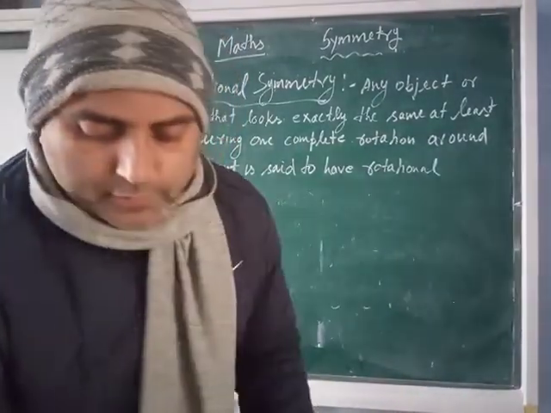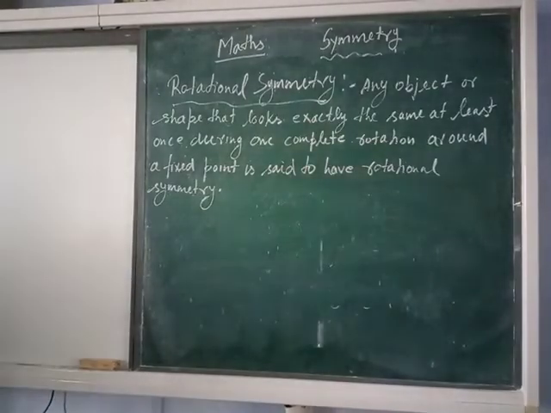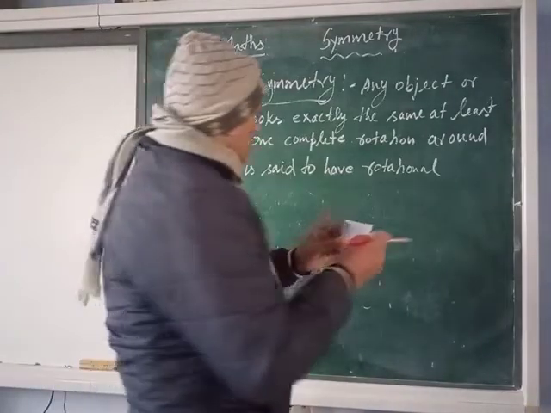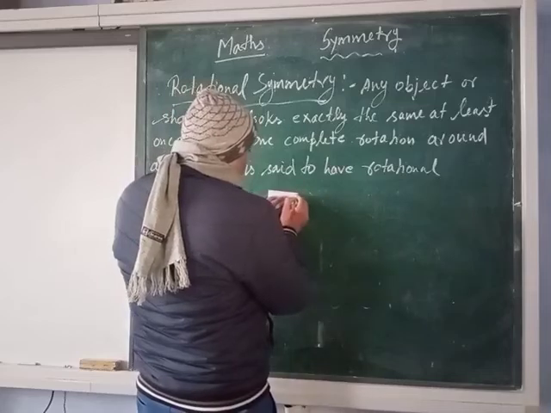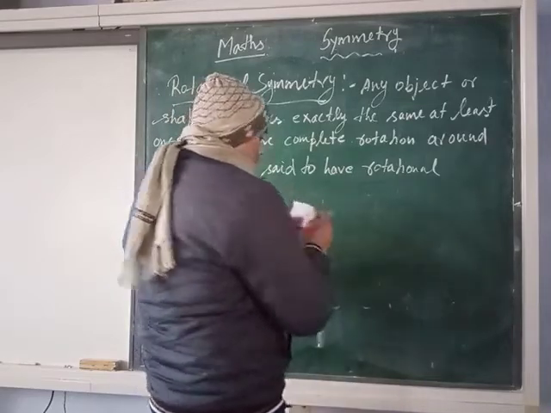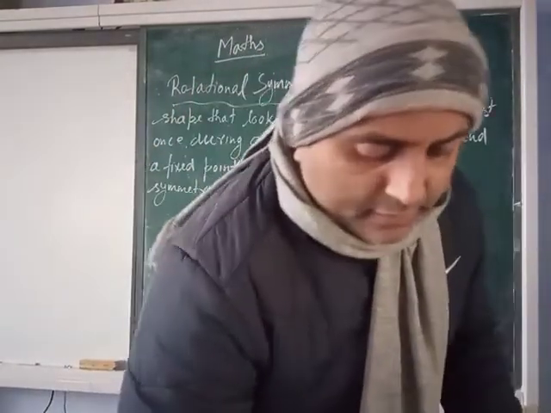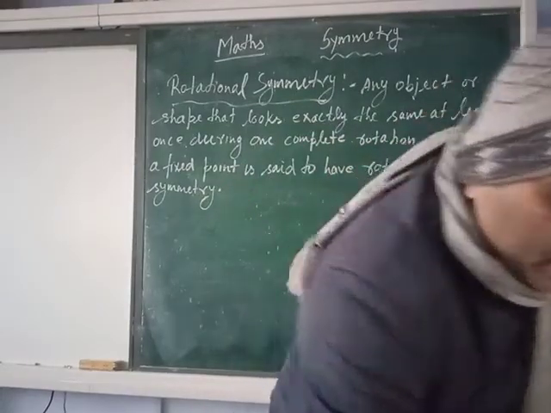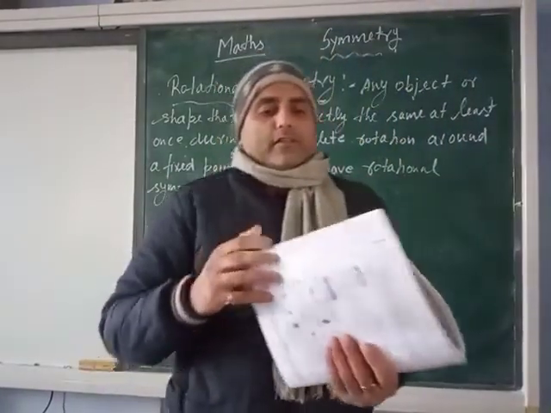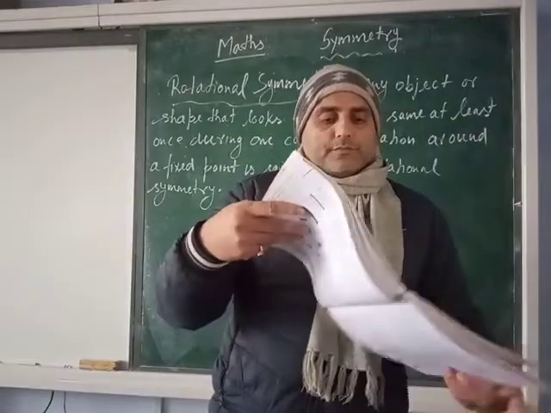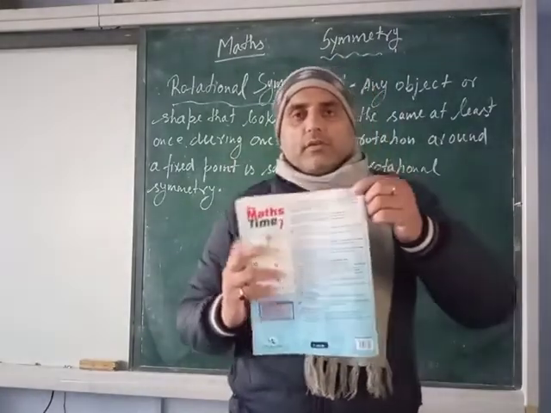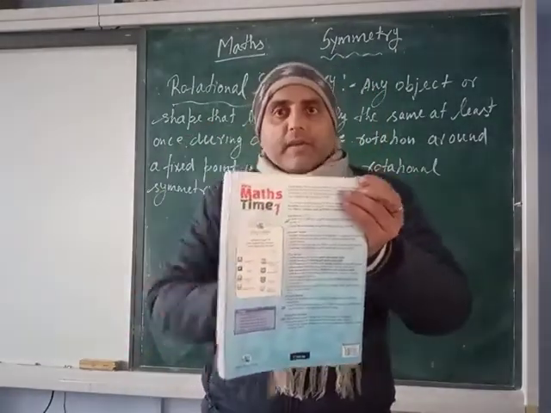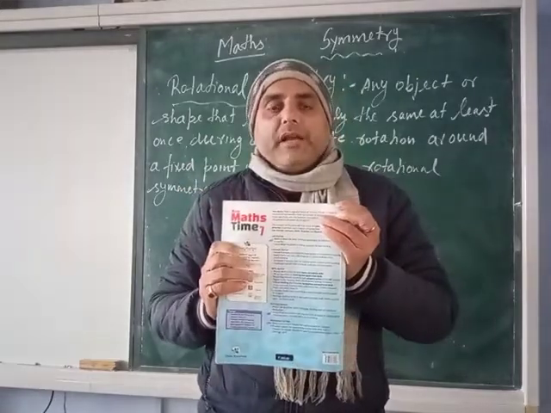If we take a marker from a pen, now see, we take a mark on this page. One rotation means if we turn this book, turn one round, means total 360 degrees, one complete angle.